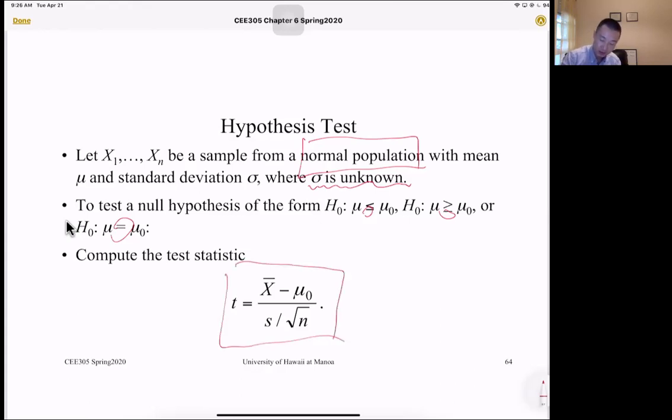So this is the sample mean, mu 0 depends on how the question is asked, S is the sample standard deviation, and n is the sample size. So we calculate the t value.